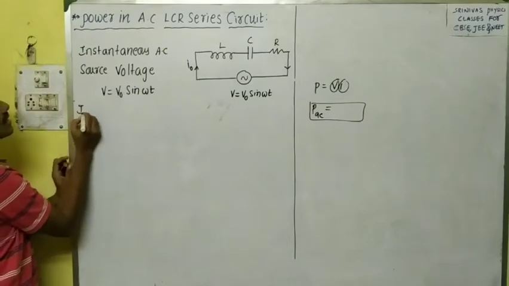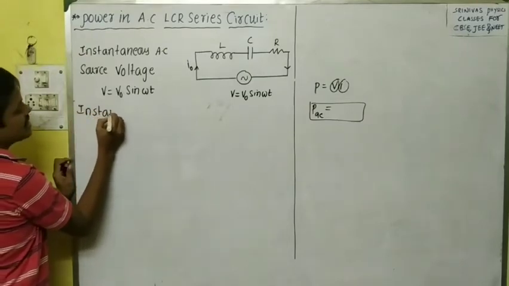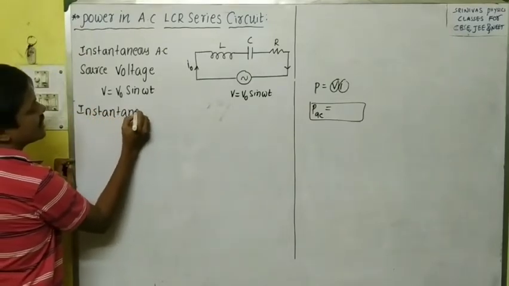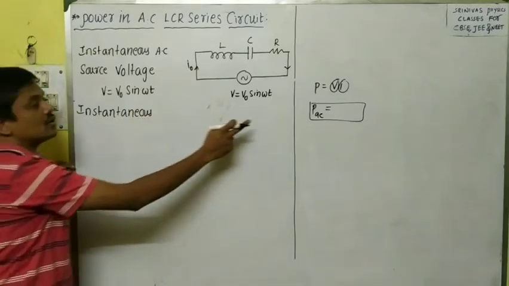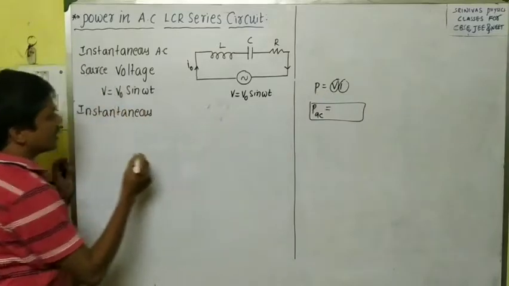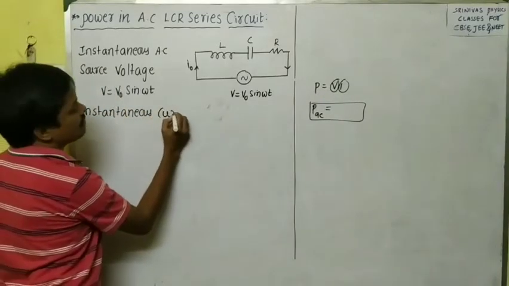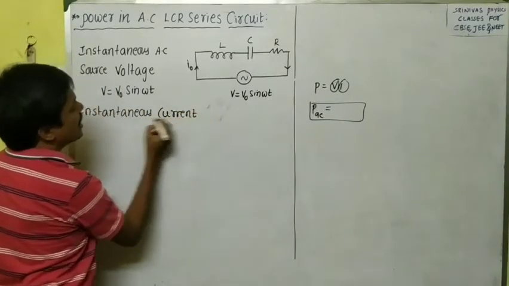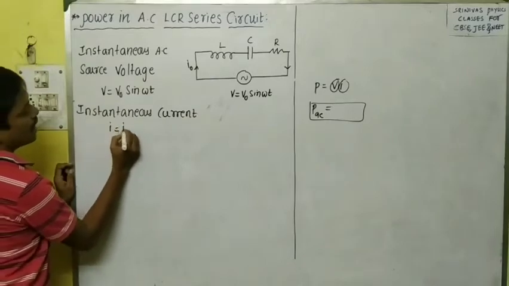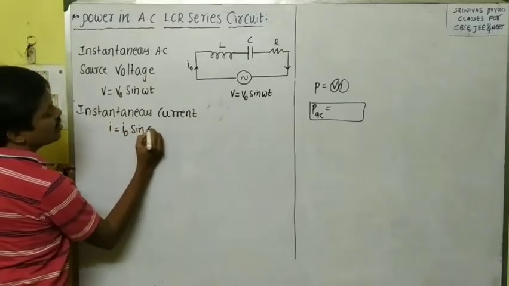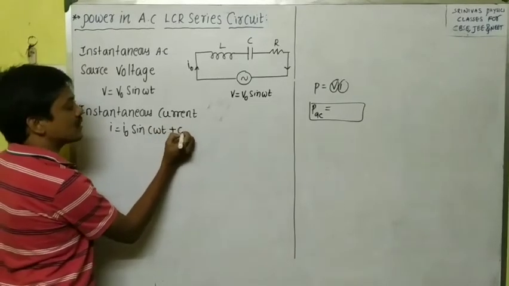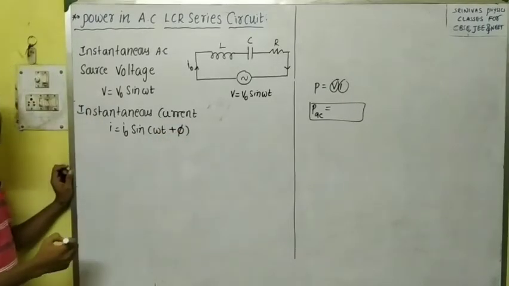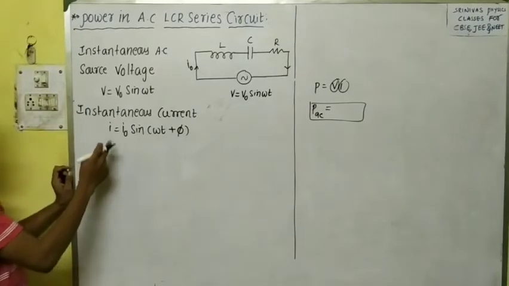Instantaneous current is the current at any instant of time. Actually in AC, the voltage and current values vary with time, right? Instantaneous current formula is I equal to I0 sin(omega t plus or minus phi) in the LCR circuit. Okay, we know that one already.